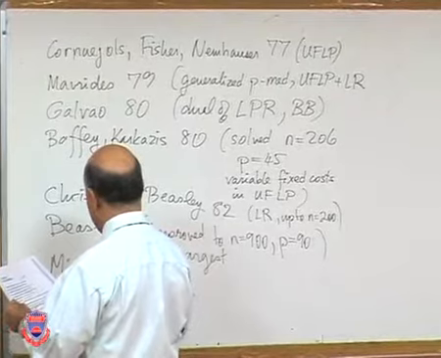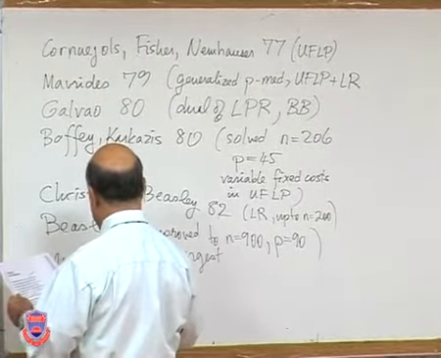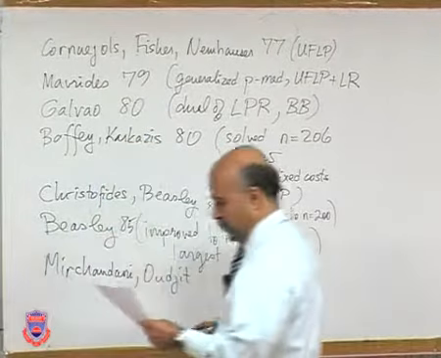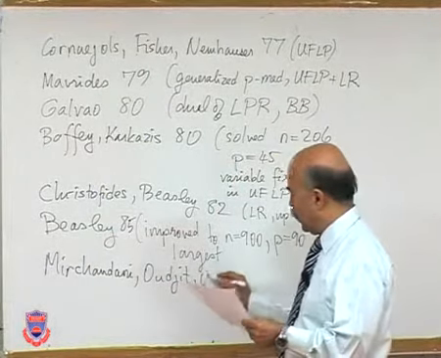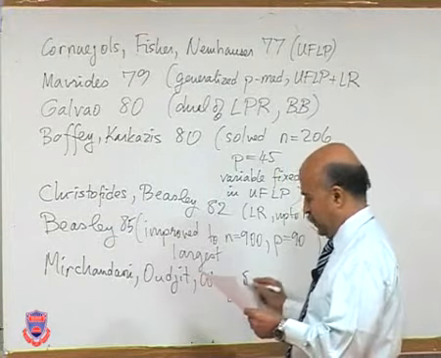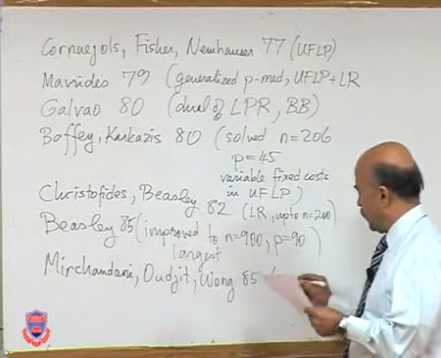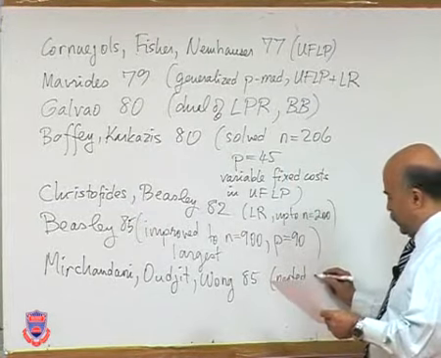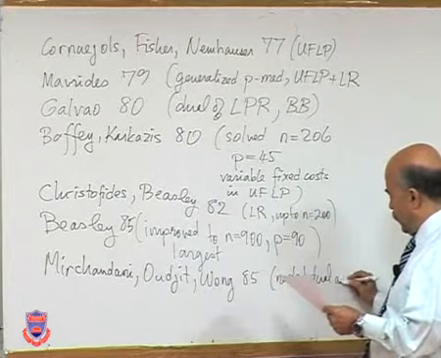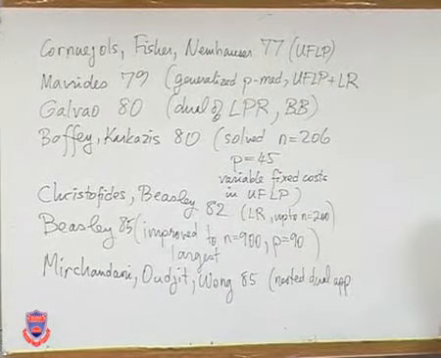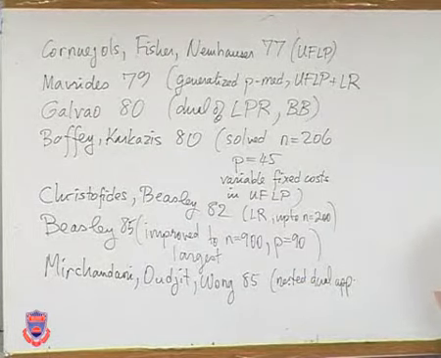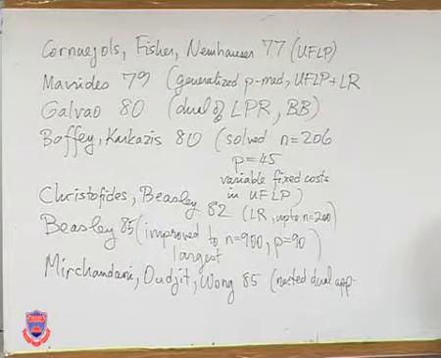Let me also mention Merchandani, Ojit and Wong. They used a nested dual approach, which is a combination of Lagrangian relaxation via Erlenkotter's dual ascent method.